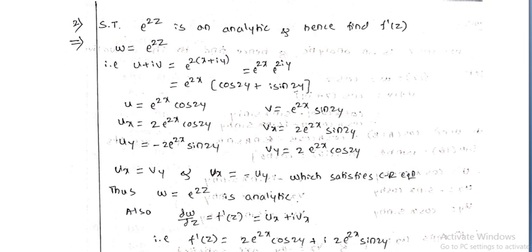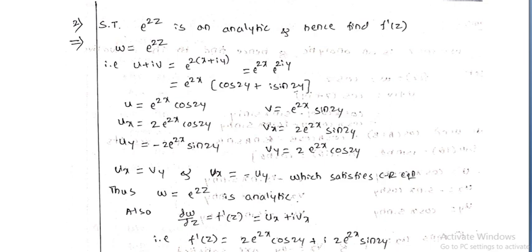Then differentiate u and phi partially with respect to x and y. First, differentiating with respect to x, treating y as constant: differentiation of e to the power 2x is e to the power 2x, and 2x becomes 2, with cos 2y constant. With respect to y, keep e to the power 2x as it is; differentiation of cos 2y is minus sin 2y, and differentiation of 2y becomes 2.